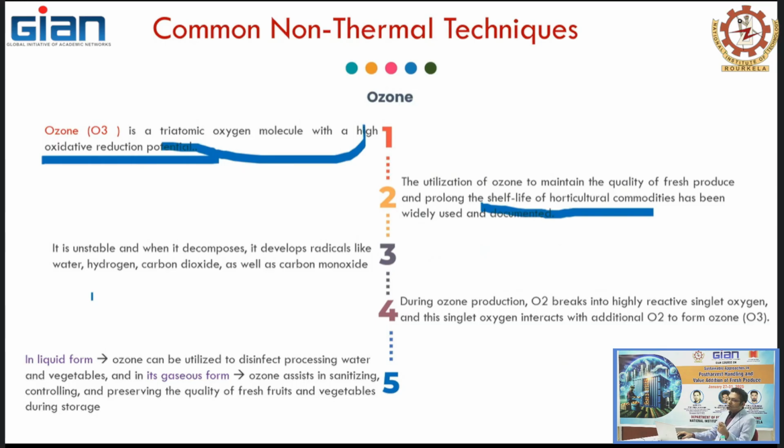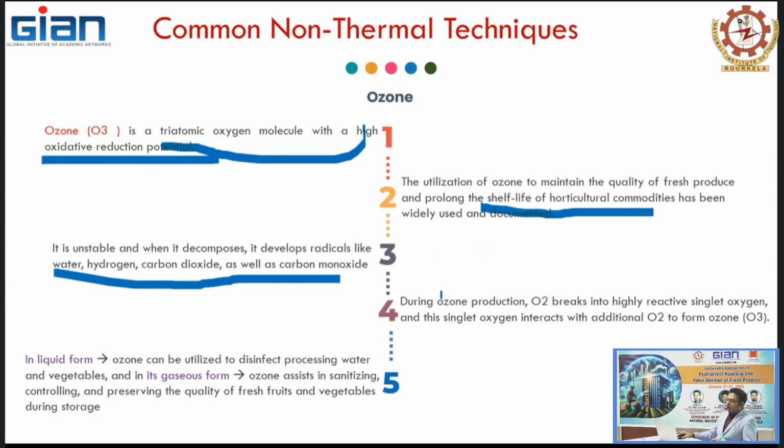Now we have 3 oxygen atoms, O3. Out of that, one O is quite unstable, without a bond, and when it decomposes it develops radicals like water, hydrogen, carbon dioxide, and interacts to inactivate the microorganisms.